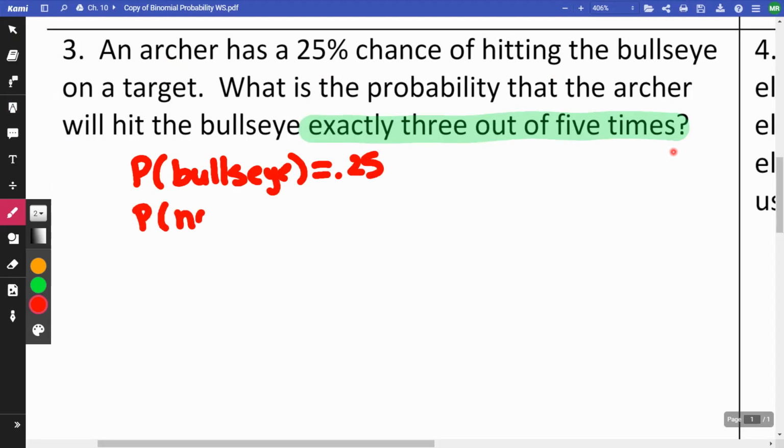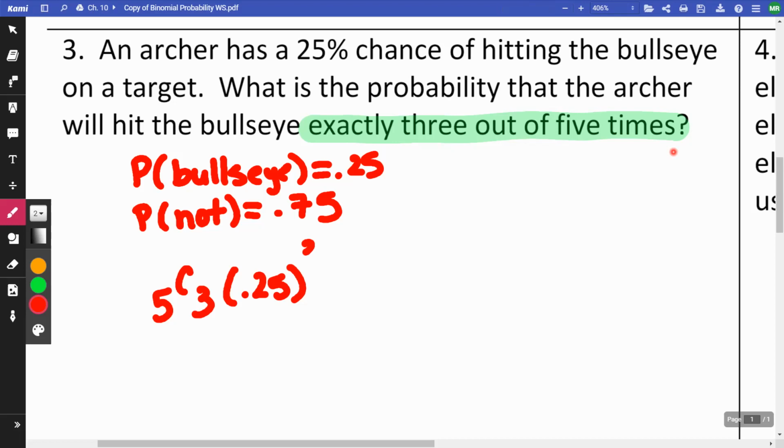The probability of not hitting it is 0.75. We want exactly 3 out of 5. So that's going to be 5 choose 3 times 0.25 to the power 3 times 0.75 to the power 2. And I'm going to put this into my calculator.